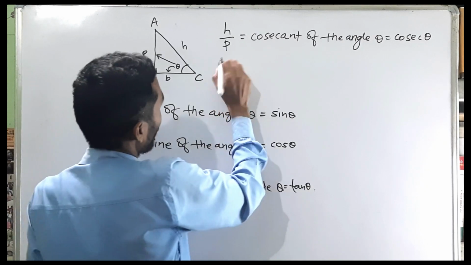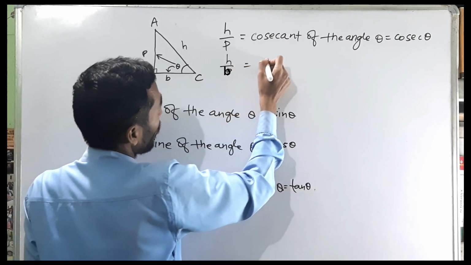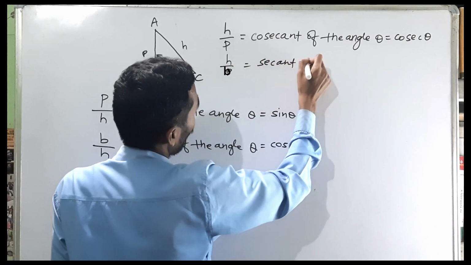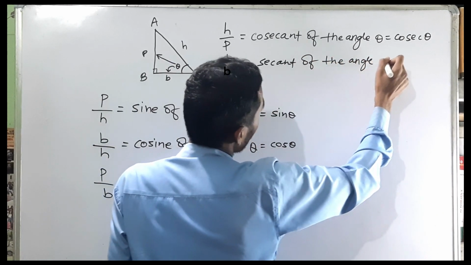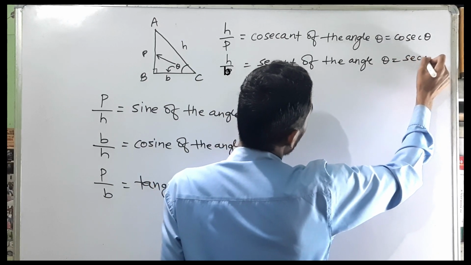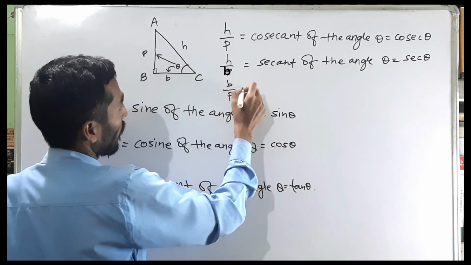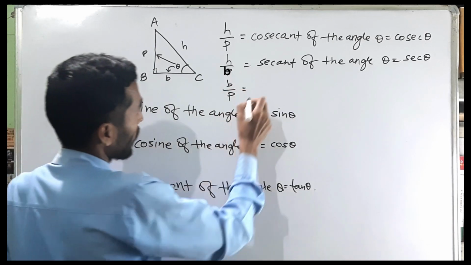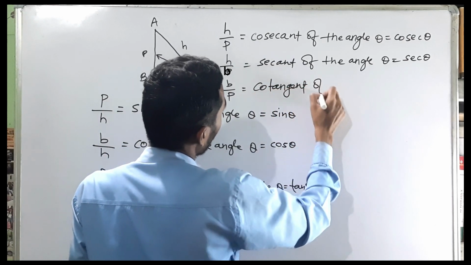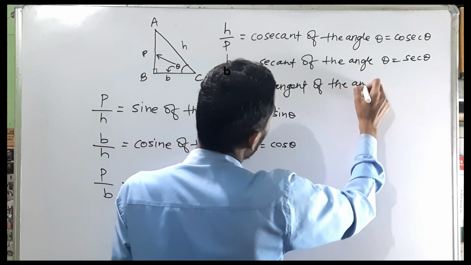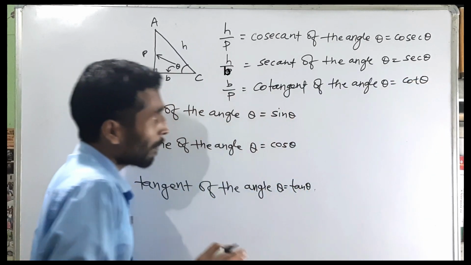Got it? And h by b is secant of the angle theta, which is sec theta, and b by p is called cotangent, that is cot theta.